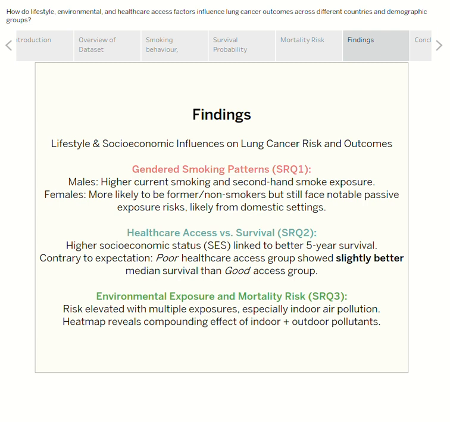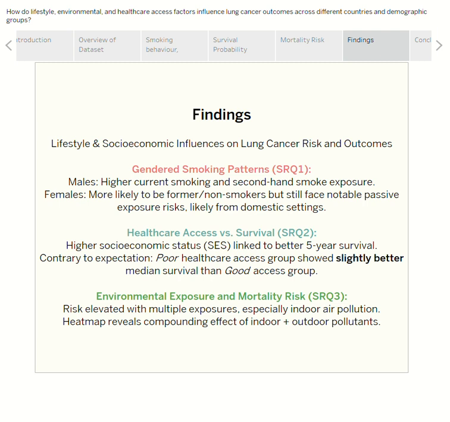But interestingly, the group with poor healthcare access showed slightly better median survival than the group with good access. These findings contradict expectations and may reflect limitations in the dataset or confounding factors such as earlier diagnosis or regional differences.